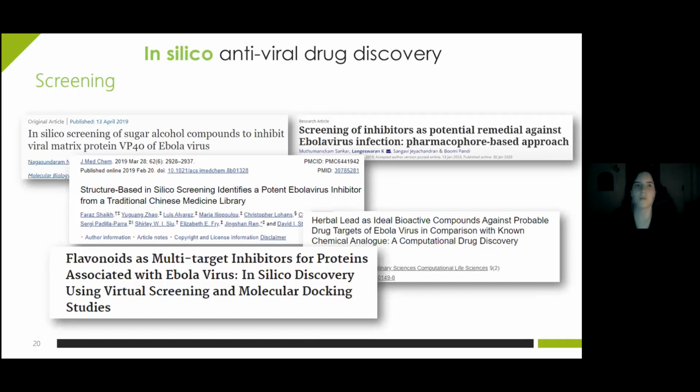And it would be a monumental mistake not to take advantage of these libraries towards the design of novel drugs or inhibitors. So a very important step and a very productive step is the virtual screening of these libraries in search of inhibitors that could be used in the case of Ebola virus.